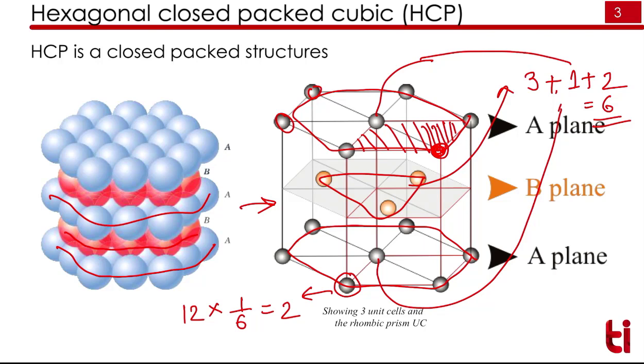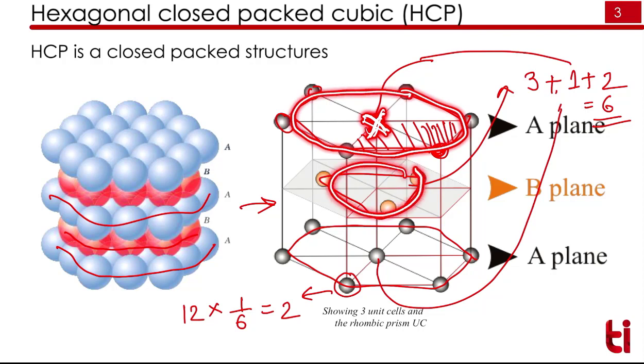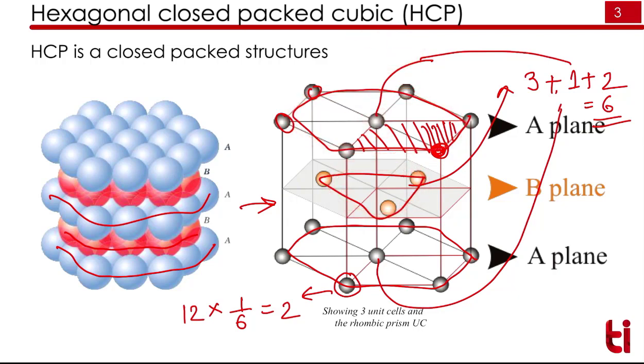And coordination number here is, for example, if you take this as a target atom, this is surrounded by 6 other atoms on the same layer, 3 atoms on the bottom layer and 3 atoms on the top layer. So 6 plus 3 plus 3 equal to total 12. So here coordination number is equal to 12.